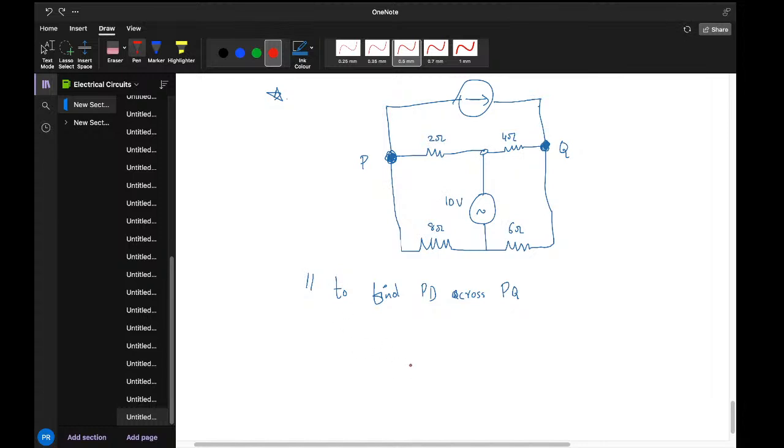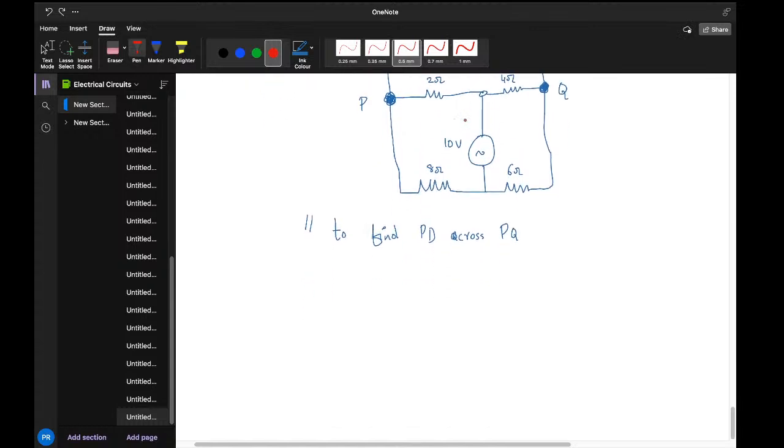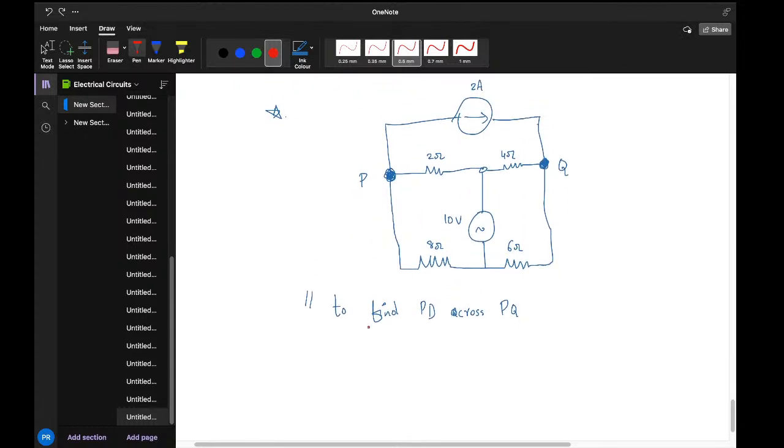We can write out here this is a 2 ampere. So we can write Kirchhoff voltage law. Apply Kirchhoff voltage law at P and Q.